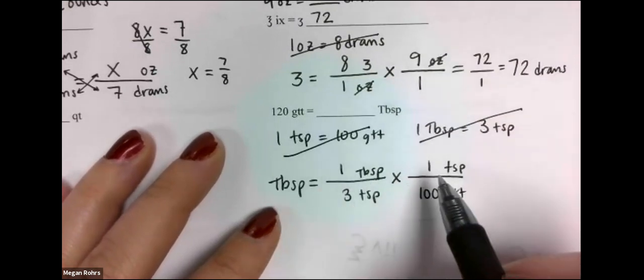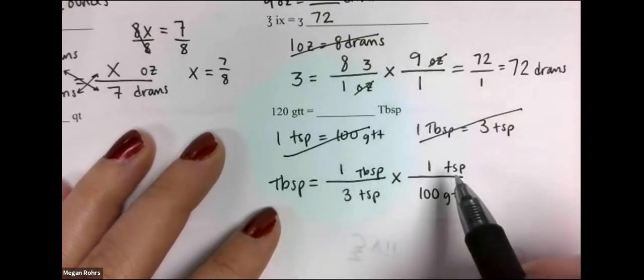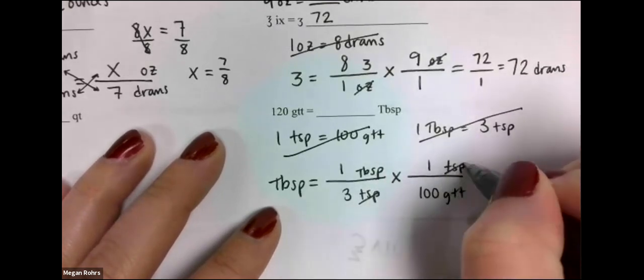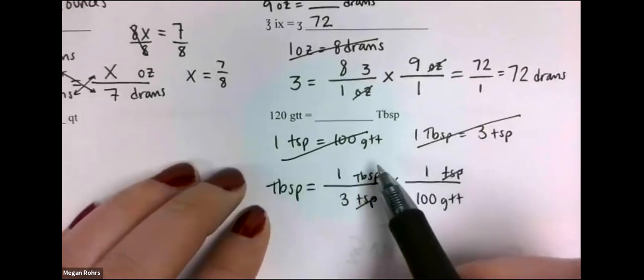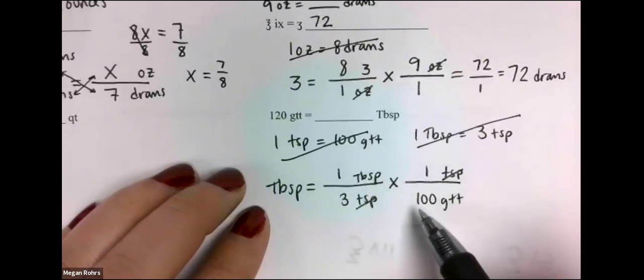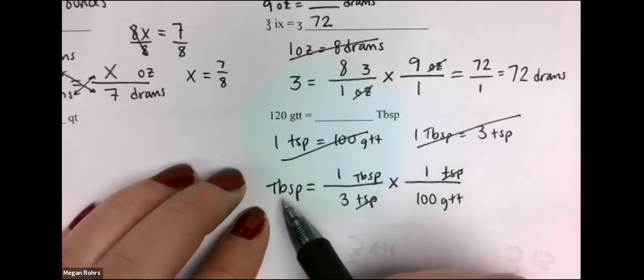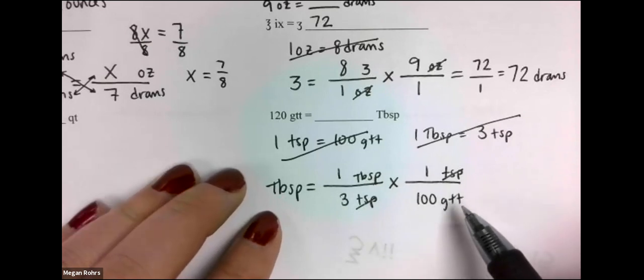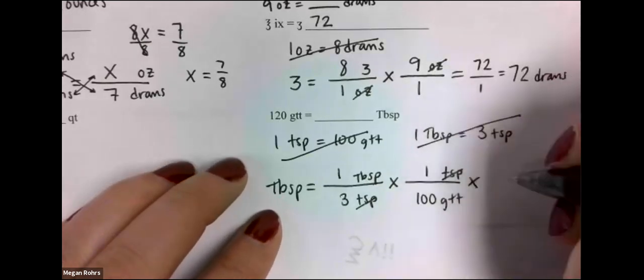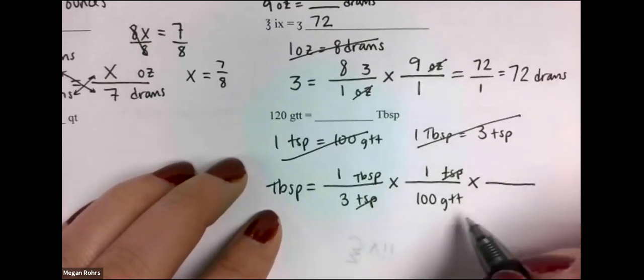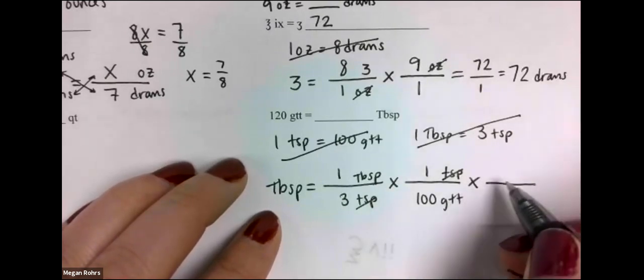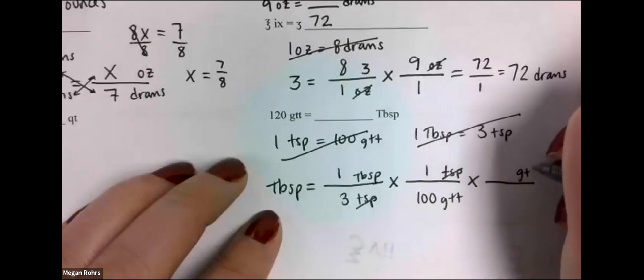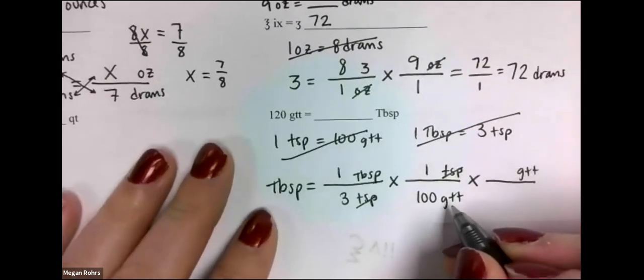Now, if we look and see here, my teaspoons are going to cancel. But right now, I'm left with tablespoons over drops, okay? I just want to be left with tablespoon. So I have to cancel out this drop. Well, how we do that is just like we did before. We get a new fraction where the numerator is equal to this first denominator here.